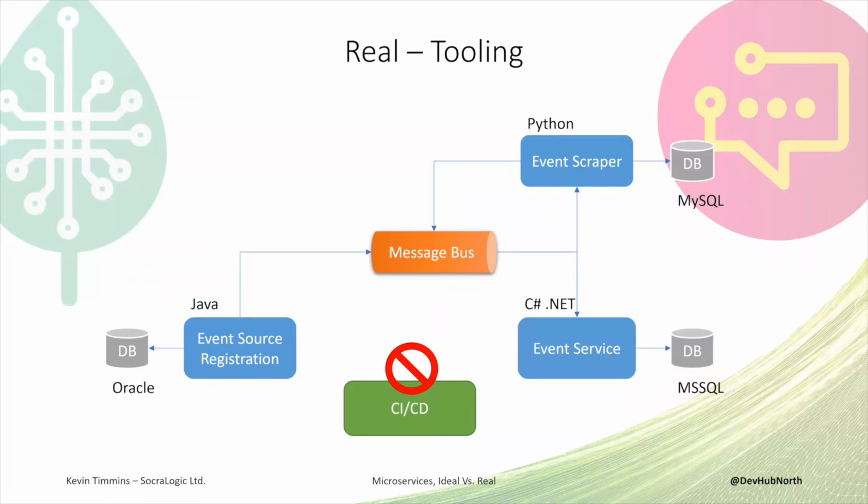One service is using Java 1.7, the other's using Java 1.9, so we've got two different versions of Java. And this is just a single language, by the way. This is just Java, before we even get into C#.NET. The complexity around managing those different versions is significant. That's not trivial.